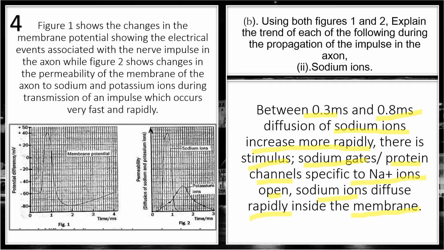So from 0.3 to 0.8, there was a rapid increase in sodium ions, because the sodium gates and protein channels were opened, which caused a rapid diffusion of sodium ions inside the membrane.